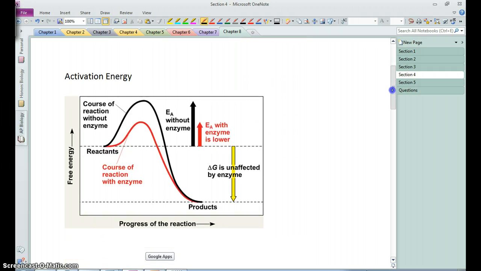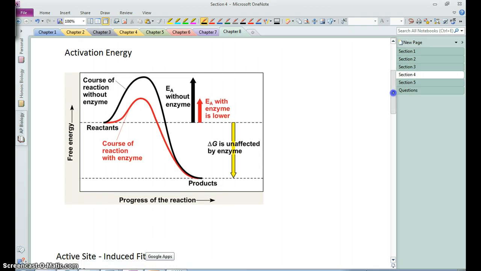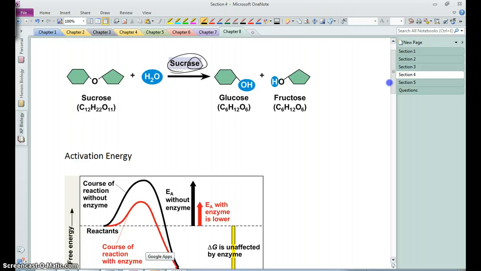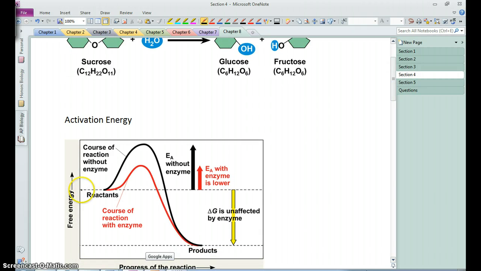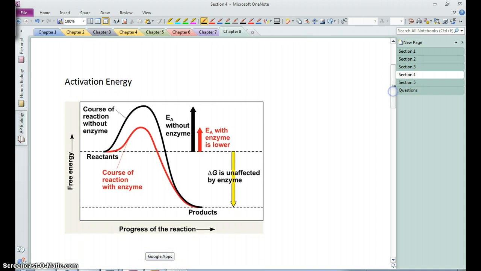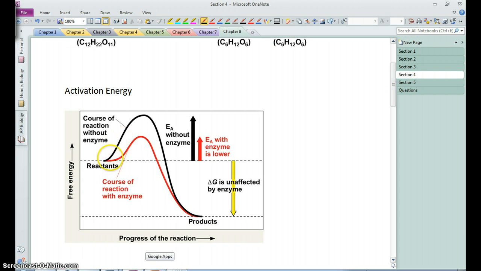Now, I know this is something you probably talked about freshman year, but let's just cover it again, this activation energy. So again, we have this exergonic reaction. We start with a molecule that has quite a bit of energy, and we break it down into ones that have a little bit less energy, essentially making some of that energy available to do work. Alright, well, that spontaneous reaction has this sort of energy hill that it needs to get over for the reaction to go.